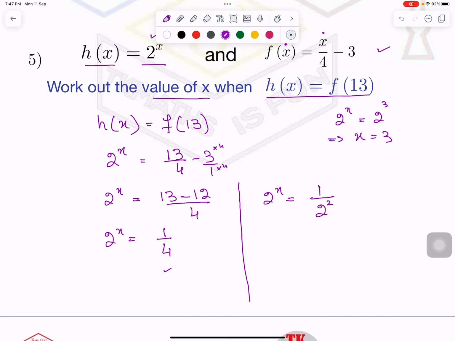I'm trying to make base 2. This is called base. So now applying law of indices, I will take this number in the numerator. It will become 2 power minus 2. You know law of indices. So now bases are same. This means I can equate the powers. So x is equal to minus 2.